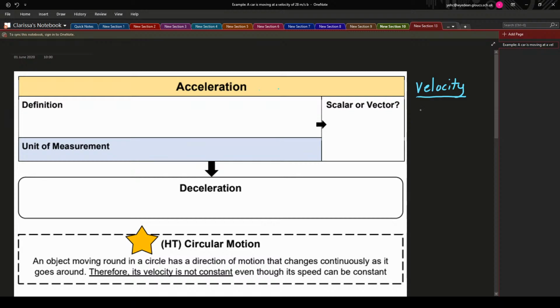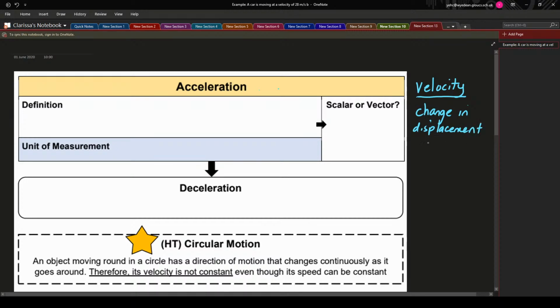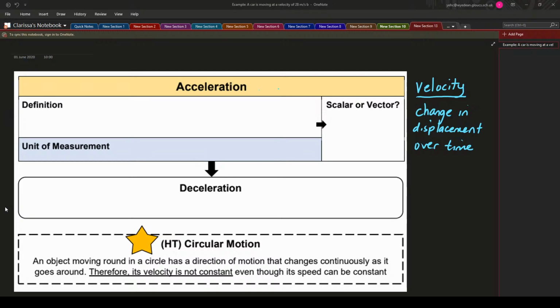So you can think of velocity as change in displacement, which is just a distance in a particular direction, over time. So it's a change in a distance from your starting point over time. That's what velocity is.